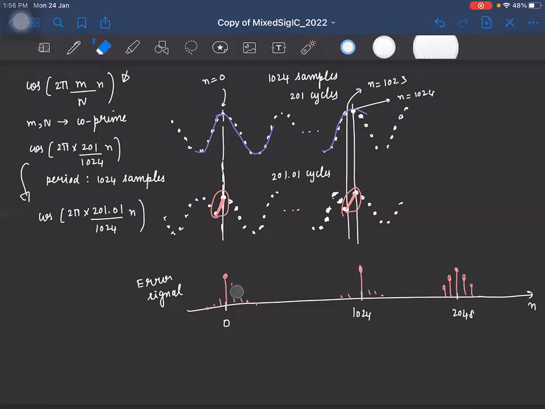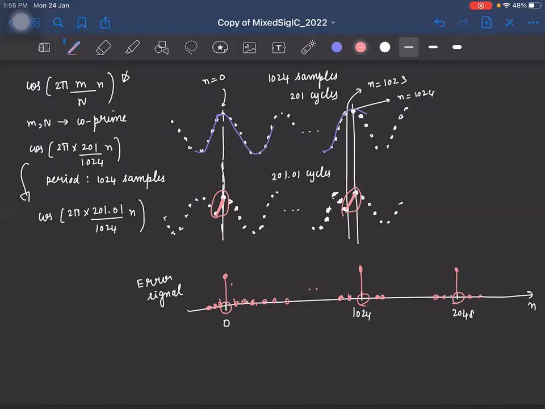So the error is getting added only at these samples, 0, 1024, and 2048, and all the other samples in between are 0. This is a simplified approximation we are making.